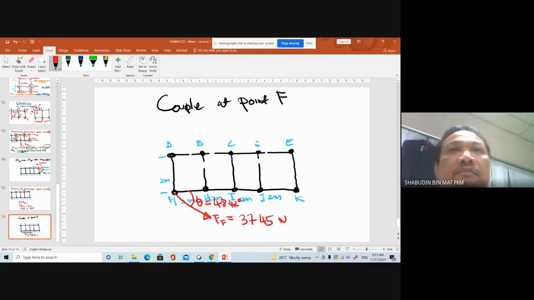And what is the moment at point F? It gives you the couple at point F: one single force and one single moment there.